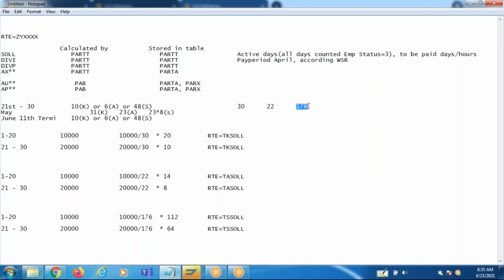That is what DAVA is. But when you are counting SOLL, you have to pay for the active days of the employee. Then it depends on employee data, the employee data file and the date of termination. But DAVA and DAVP do not depend on the employee date of hire or date of termination.